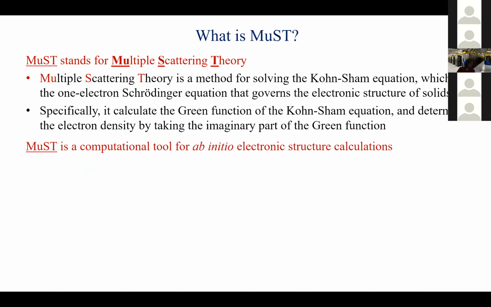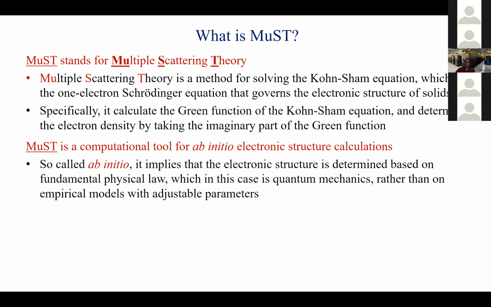MuST is a computational tool for so-called ab initio electronic structure calculations. As you read the literature, people talk about ab initio. It really means that the electronic structure is determined based on fundamental physical law, which in this case is quantum mechanics, rather than on empirical models with adjustable parameters.